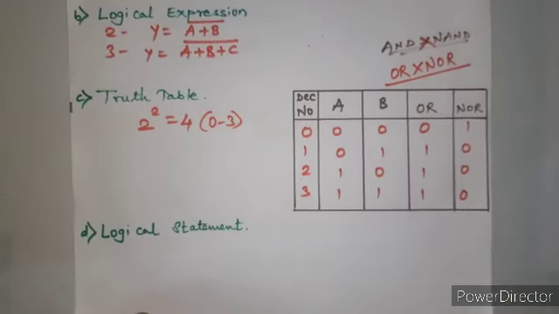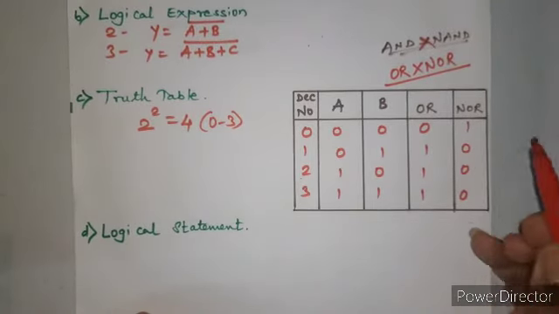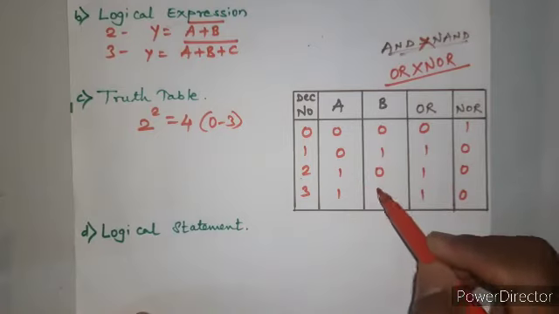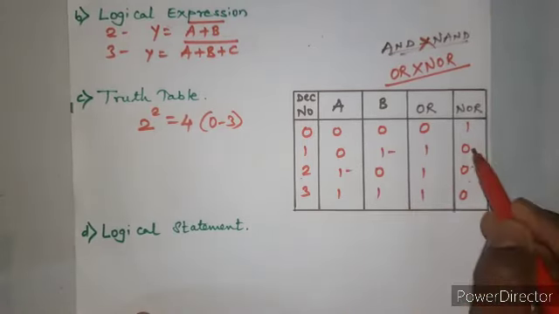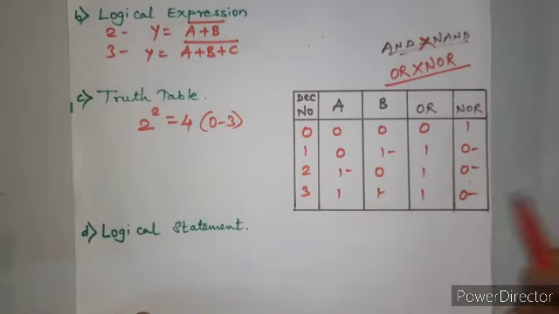Okay, now how the statement we can form: if any of the input is 1, output is 0. You can see if any of the input is 1, output is 0, otherwise output is 1.